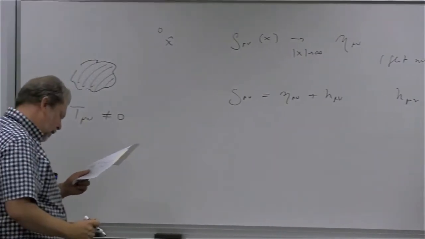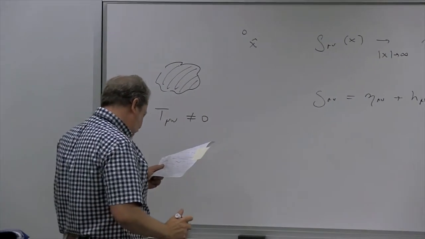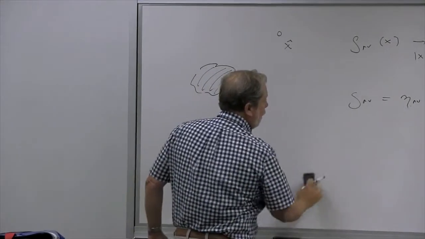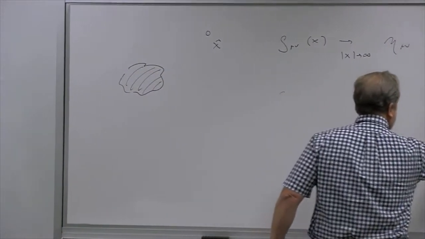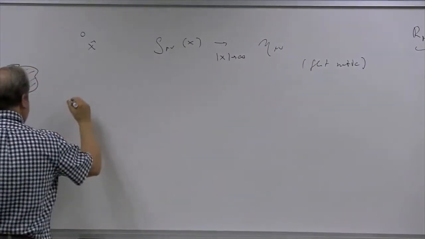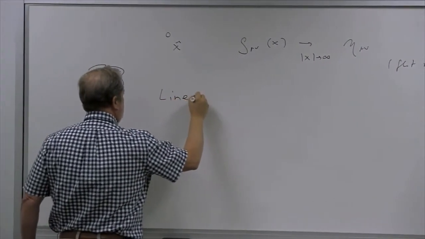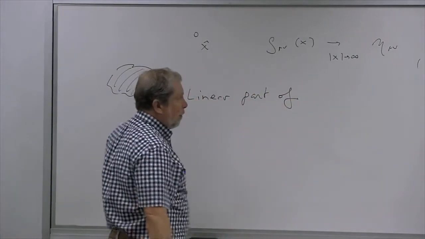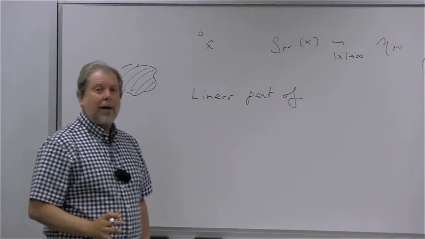This is something that you can patiently work out. Let me make a little bit of space here. We look at the linear part, the piece that is linear in h.